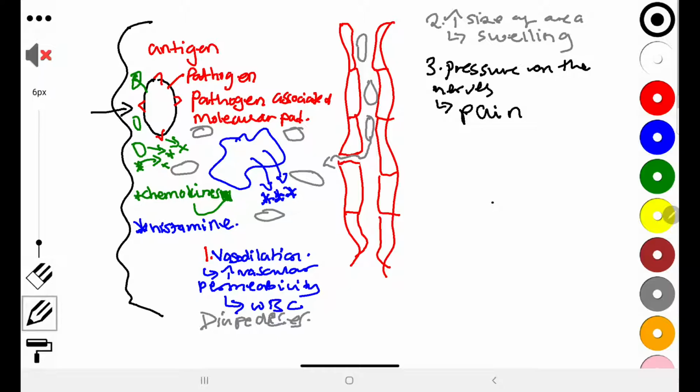So if there are nociceptors in that area, and also because of the prostaglandins and other chemicals that are being released, you will notice that pain will increase. So the swelling can be known as tumor, and then the pain is known as dolor.